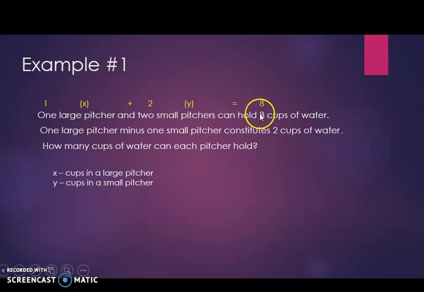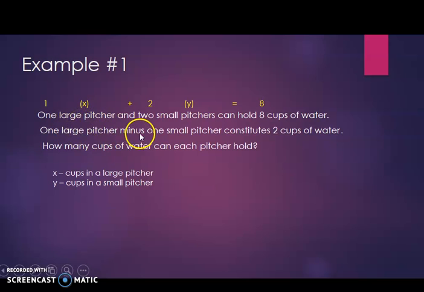Next step is to write your second equation. I'm looking here: one large pitcher minus, okay, that's going to tell me what operation is going to go right there. One small pitcher constitutes 2 cups of water. So judging by my first equation, Ryan, what do you think is going to be the variable right here for your second equation? X, right?